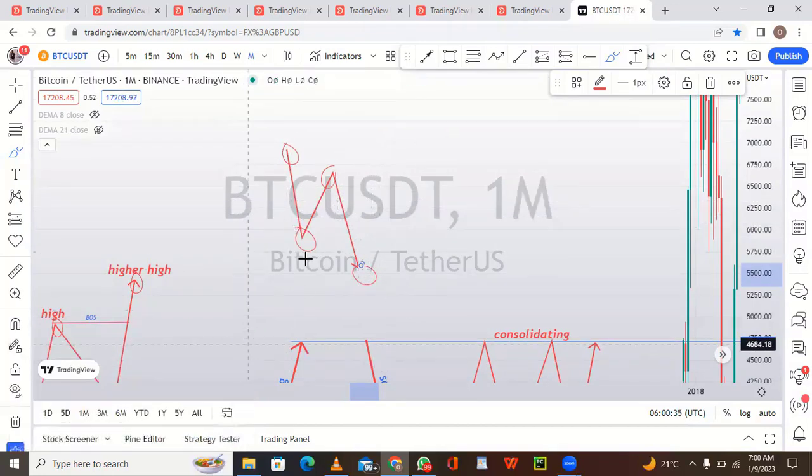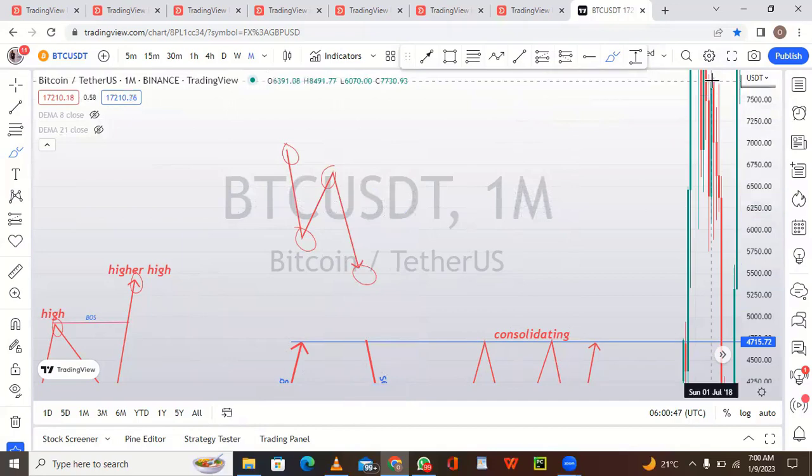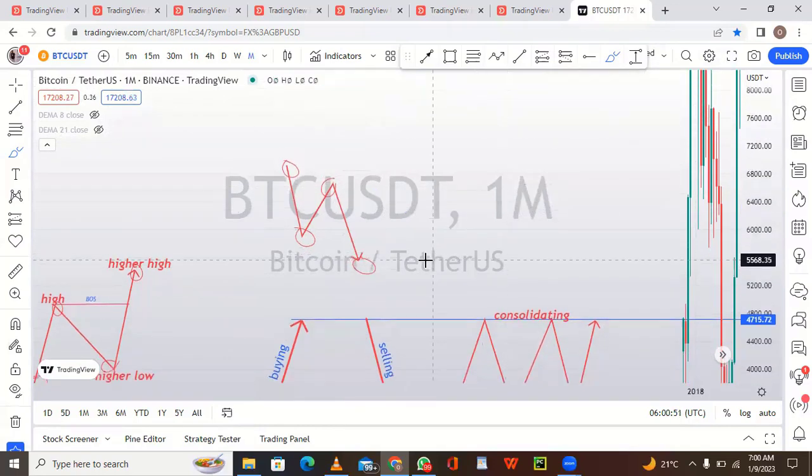All right. So another very important aspect of this whole market structure that you must consider is the law of price action. Okay. One of the basic laws of price action states that for every impulsive move in the market, there is always a retracement or a pullback. Okay.